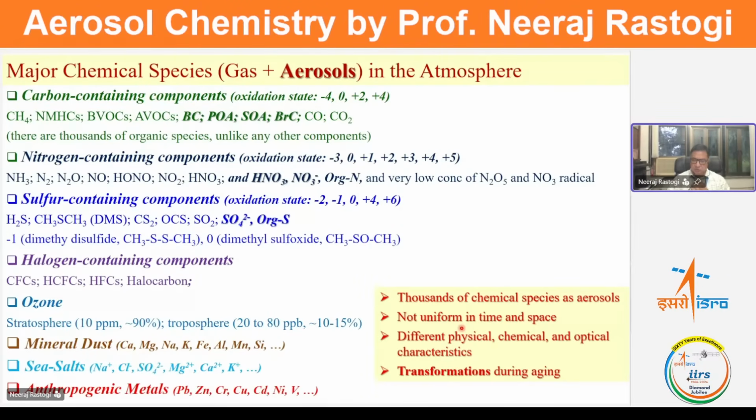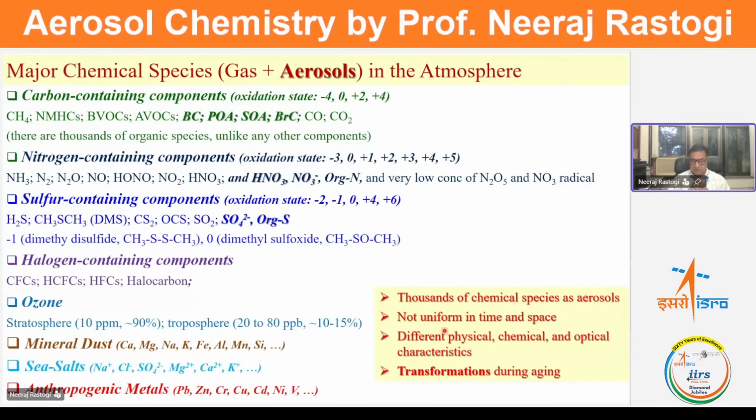At different places you go, the composition will be different. Why? Because the sources are different. Everywhere, all sources are not the same. So depending upon the sources, this composition will also be different. And when all these things are different, they also have different physical, chemical, or optical characteristics.